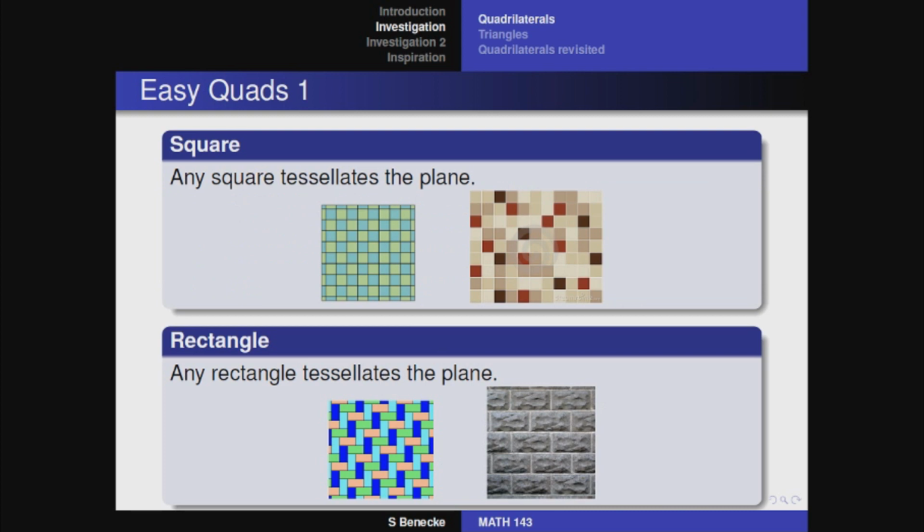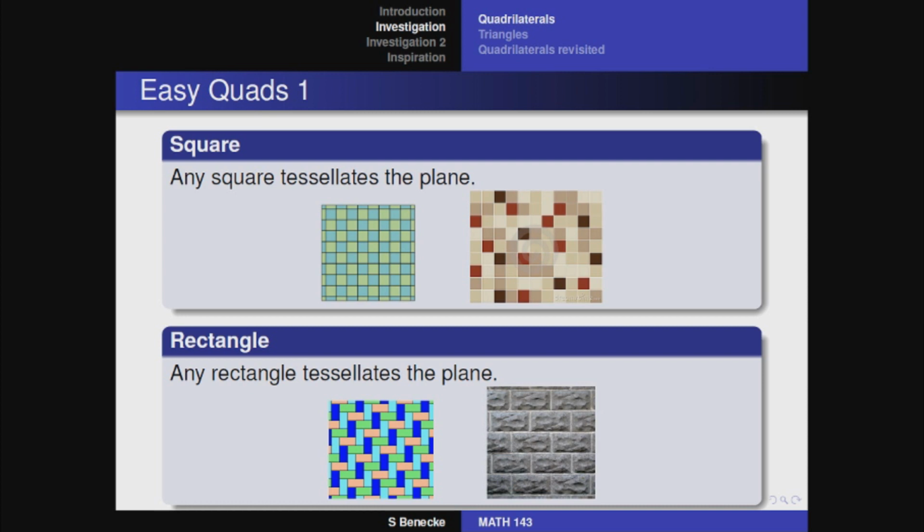So we start with the simplest shapes. In this case, maybe a square. A square can very easily be stacked and tiled to fill the surface. So any square tessellates the plane. And you see it often, bathroom tiles and all kinds of things. And a small step forward from that is a rectangle. I can arrange the rectangles in a variety of ways, but if you just look around, you see rectangular tessellations very often.